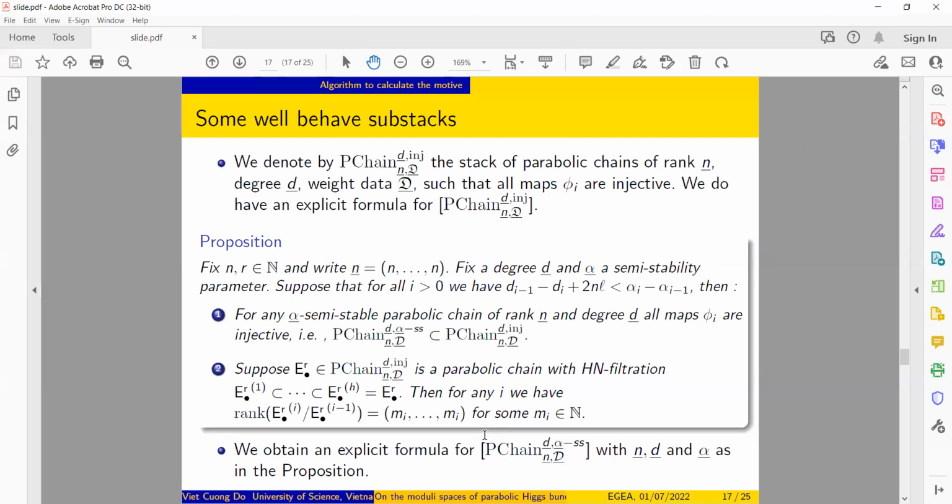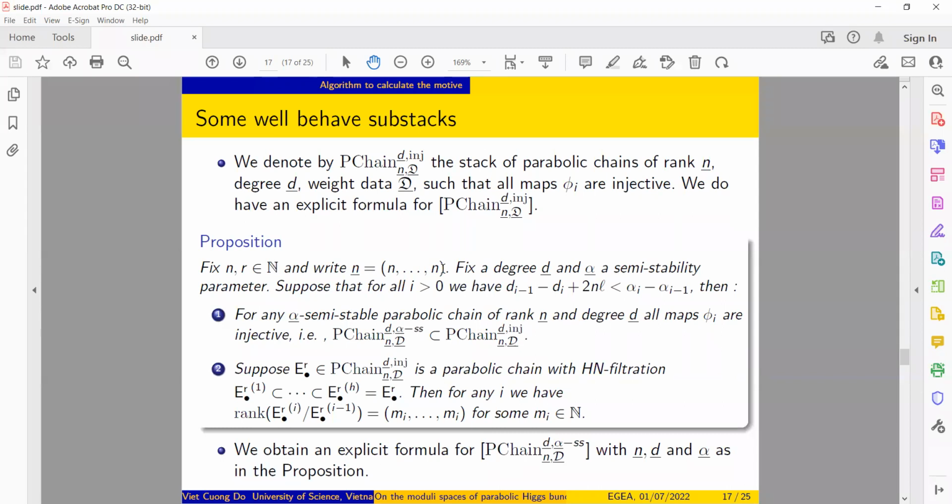So we can use the injective stack to make an inductive formula to calculate the classes of Porrick chains when the rank is constant.